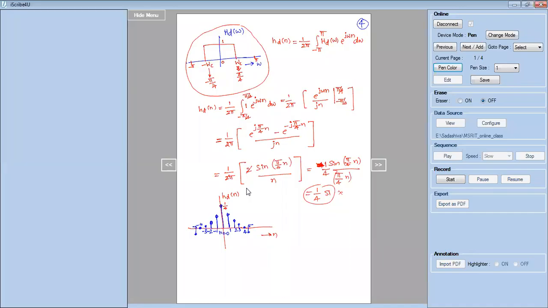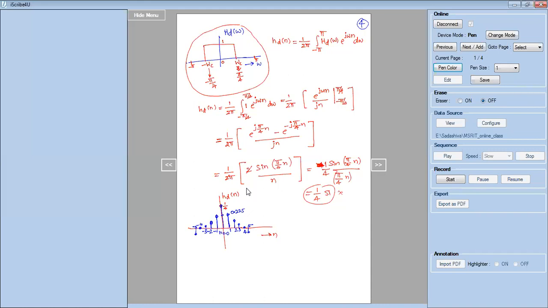Sir, at 1 and minus 1, 0.225. At n is equal to 2, it will be still lesser than 0.225, but still it will be greater than 0. At n is equal to 4, it will become 0.